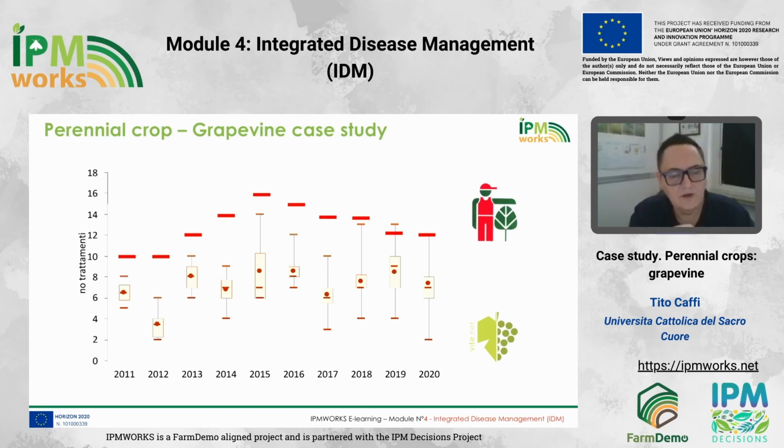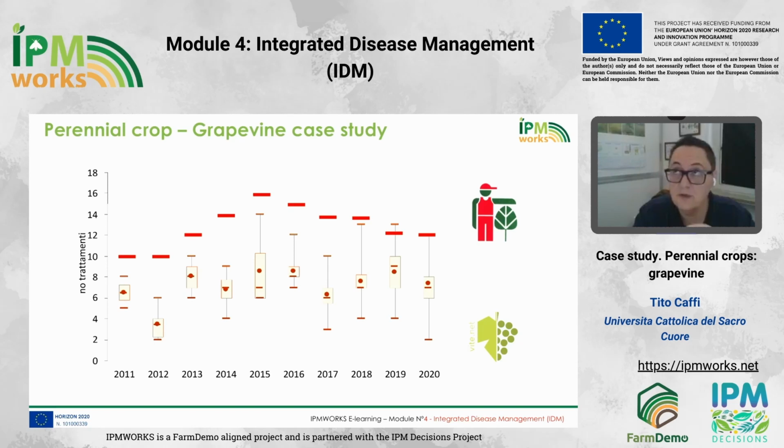And about this, I'm showing you something we published a couple of years ago, after the 10 years application of Vitanet in the north of Italy, and in particular in the area of Colli Piacentini. These are the treatments applied. Those box plots refer to the number of treatments applied by the farmers.